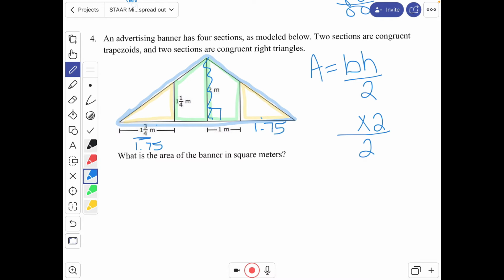And just like the trapezoid has a base of 1, if they're the same, then that means this also has to be 1. So if I add all those sections together, that'll tell me the base of the big triangle. 1.75 plus 1. Notice that I am lining up the decimals.